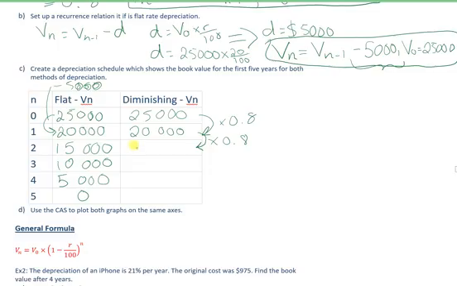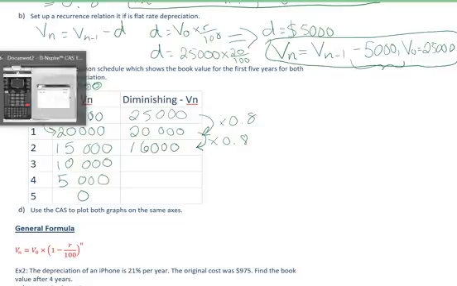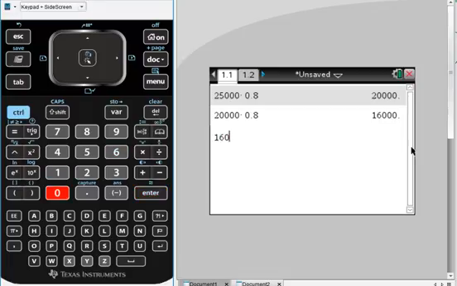So this time I get down to 16,000. Now taking 20% of 16,000, so 16,000 times 0.8, I get 12,800.